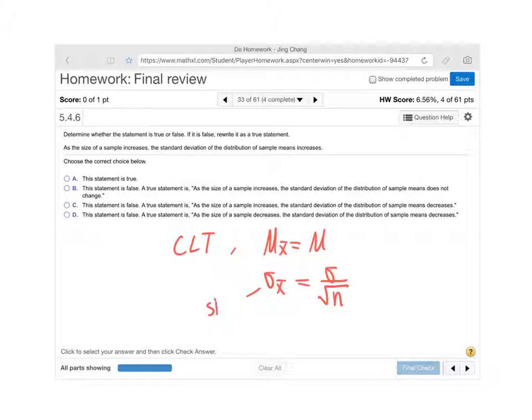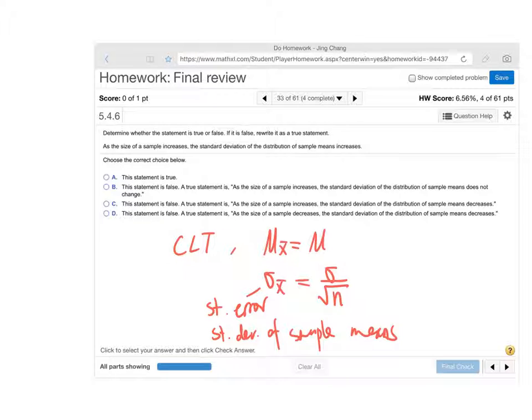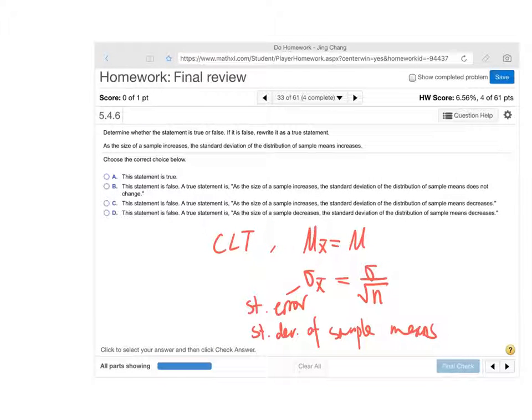So this is the standard error, or you can say the standard deviation of sample means. So the right answer should be, that's false. It decreases. As the sample size increases, the standard deviation of the sample mean decreases.